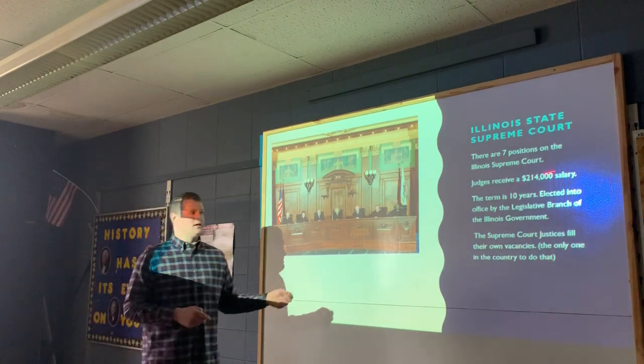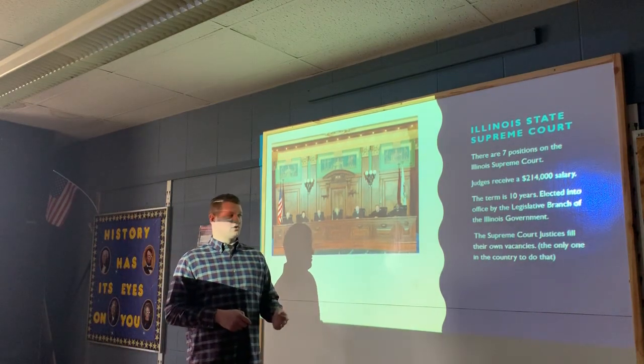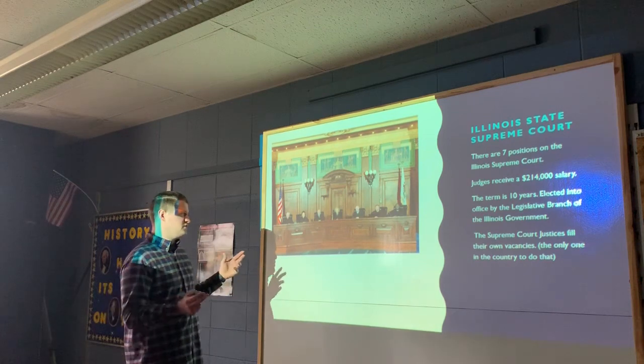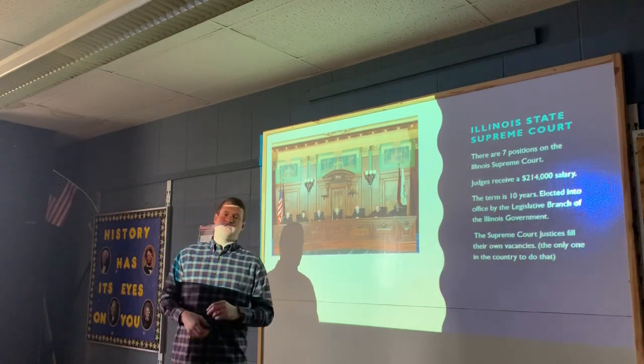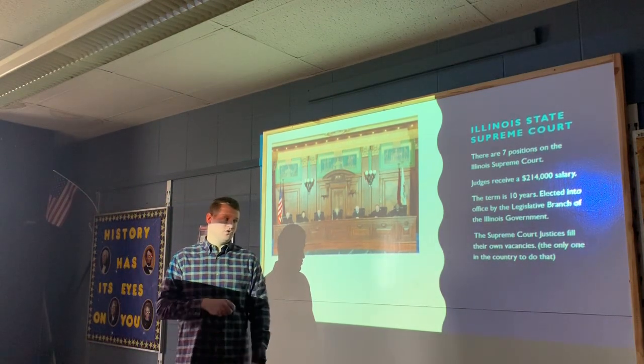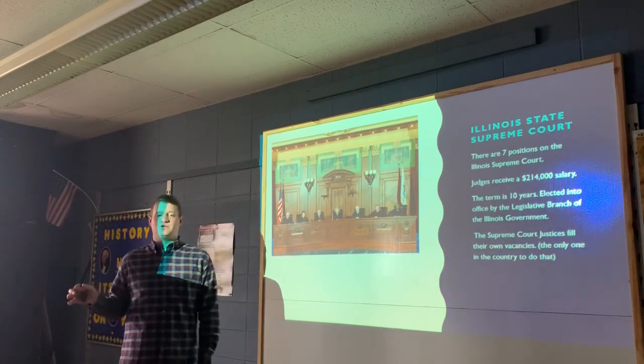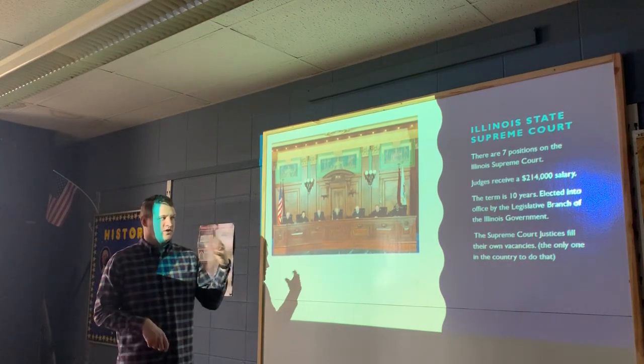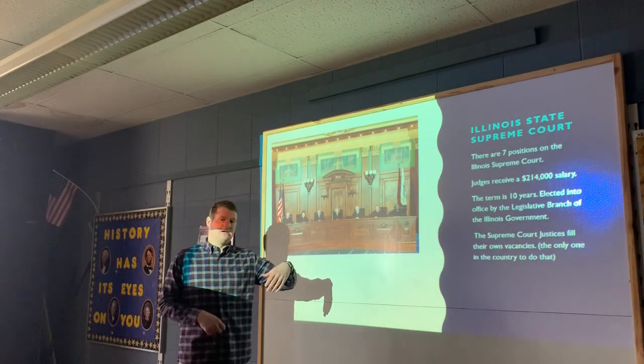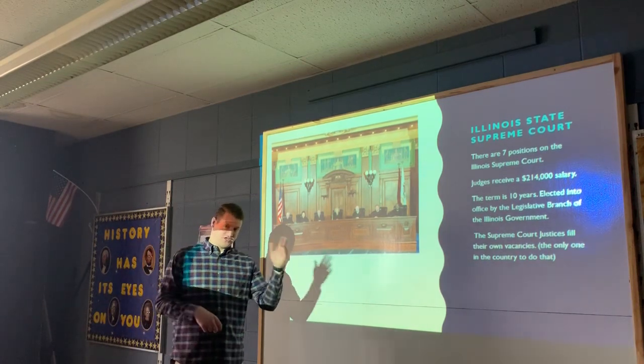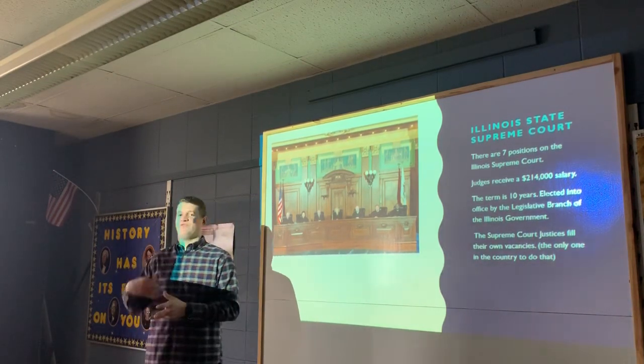So if somebody leaves early, the judges on that court will vote to fill their own vacancies. So this is the only court and the only state in the country to do that. But in Illinois, if one of the judges on that panel leaves early, the Supreme Court justices that are currently on that panel will fill that vacancy.